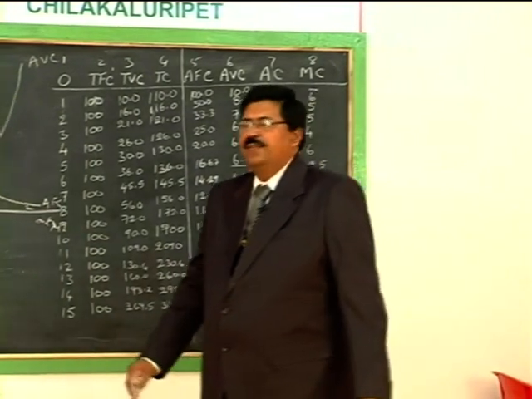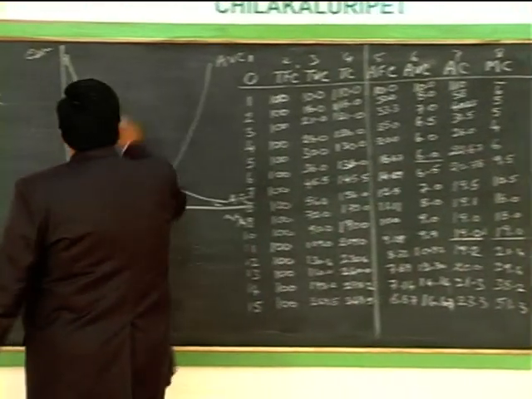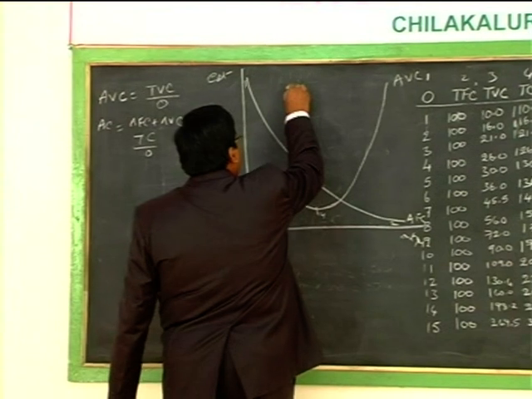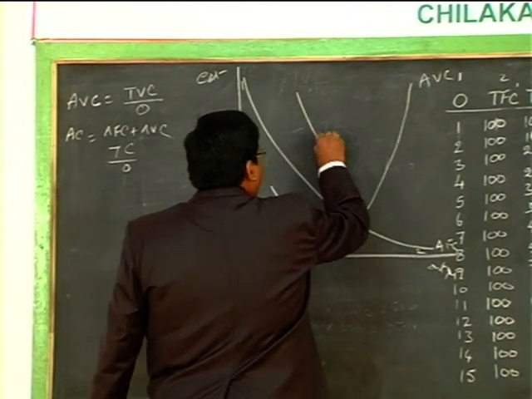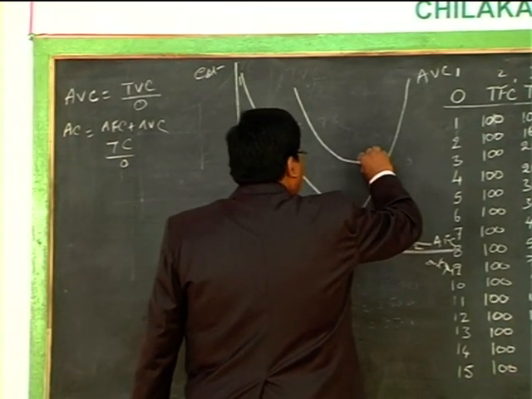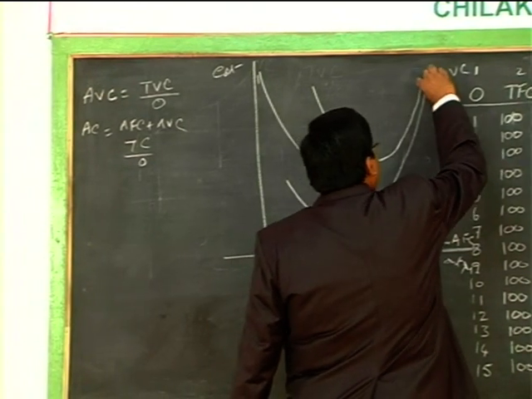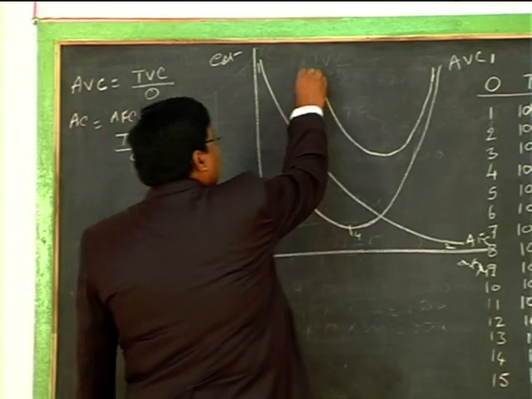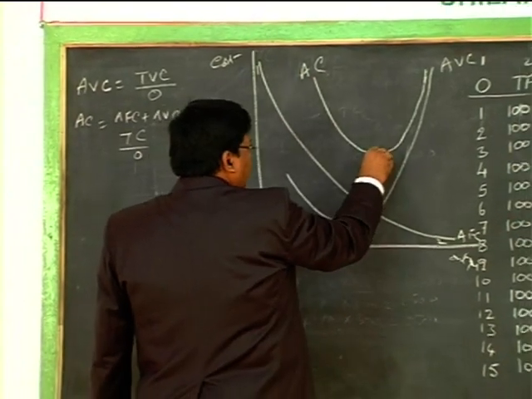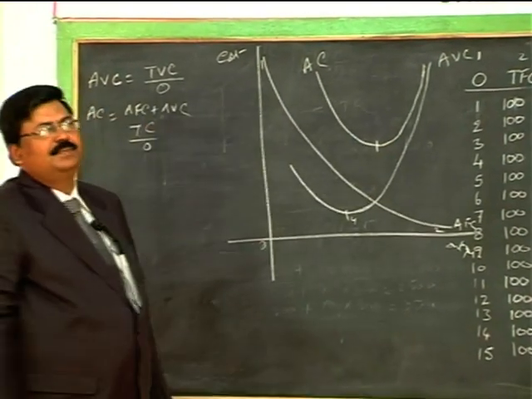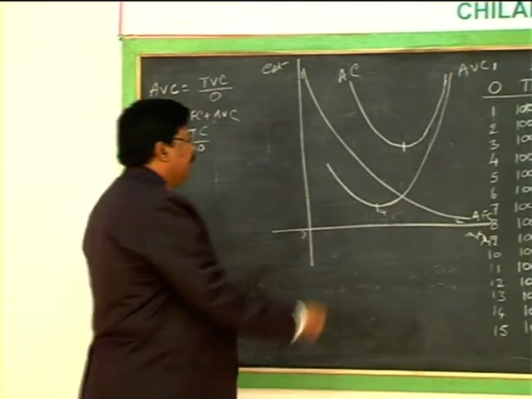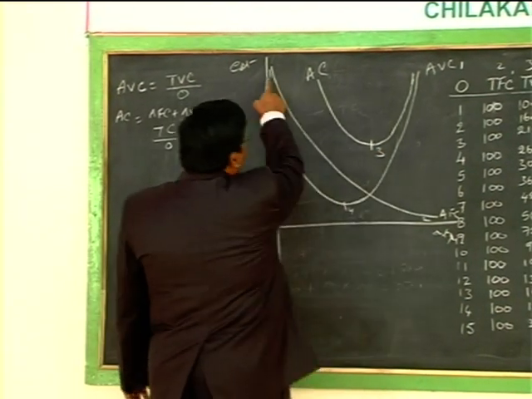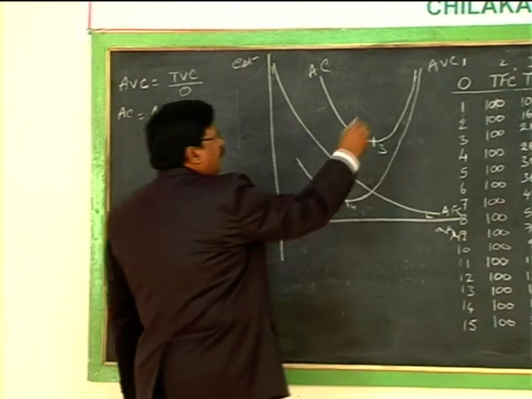It's a U-shaped curve. This is the average cost curve. This is the minimum point of AC, say point 3.